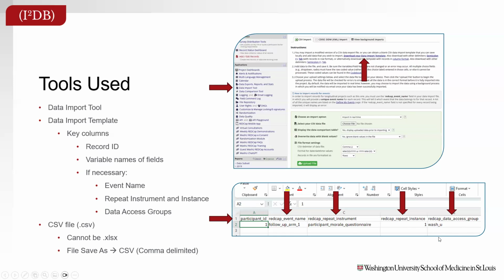Otherwise, it will go to the not specified. That's if you have any data access groups turned on. You don't necessarily need to have a data access group column if you do not have any data access groups. And as I mentioned, you have to have it in the CSV format. You can work on getting the template correctly formatted in Excel, but just save it, do a file save as CSV before uploading.